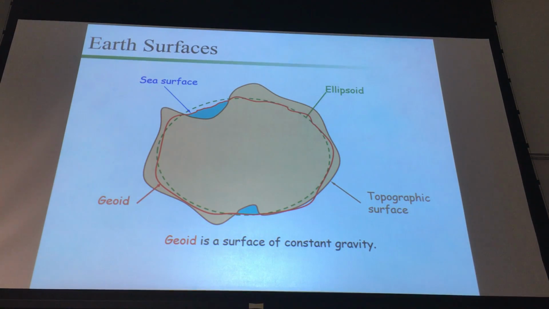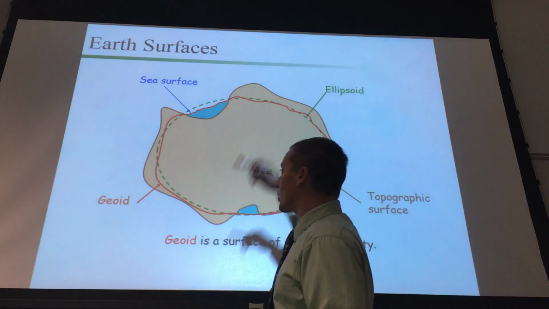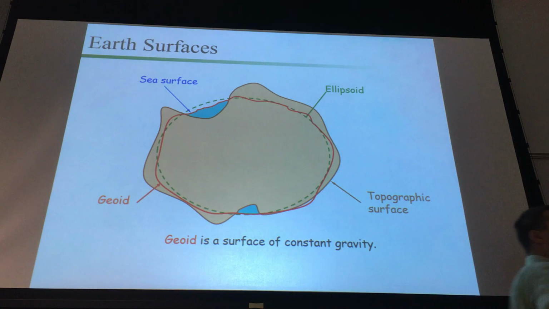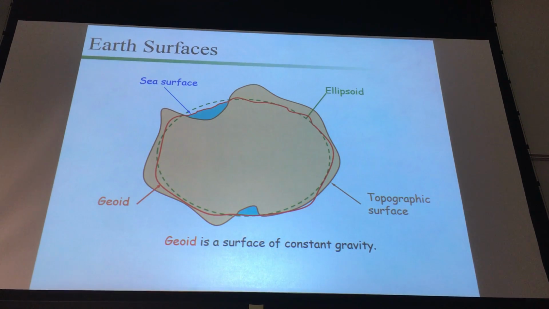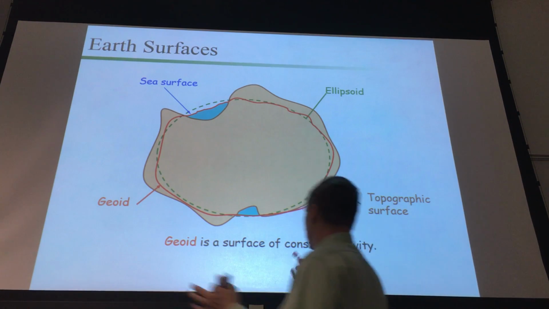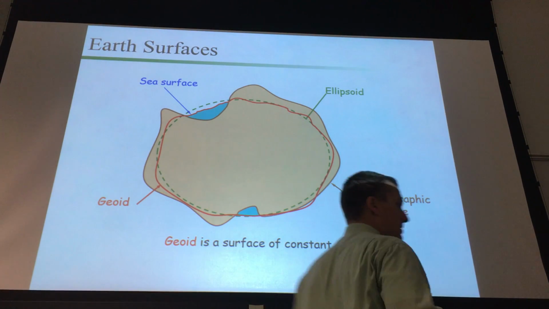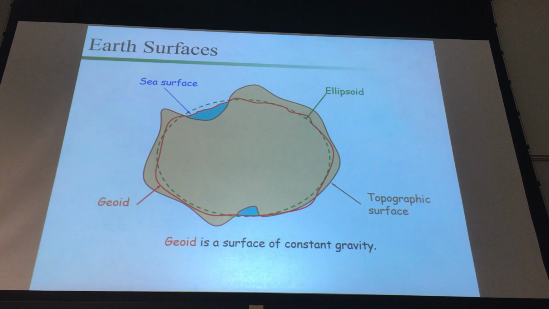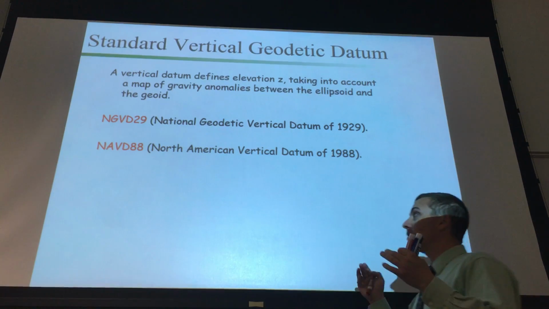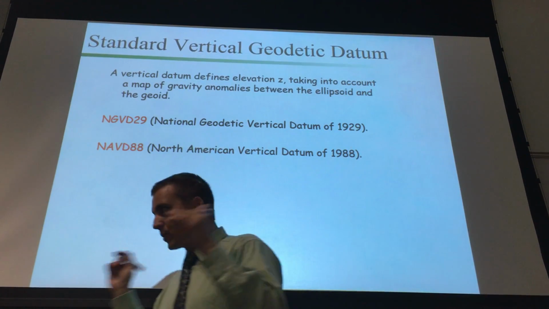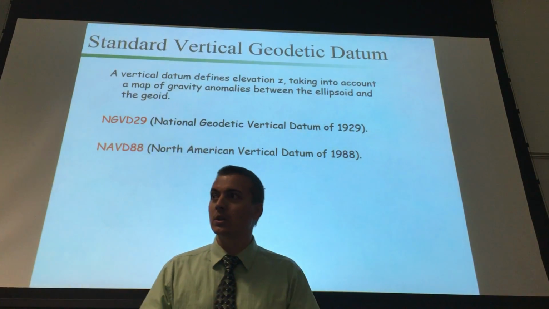And we talk about geoids and vertical datums. Here's where you really, really should remember these things: the ellipsoid, the sea surface, and the geoid. You've seen that in my class before. The thing to remember here is, what vertical datum am I working on?